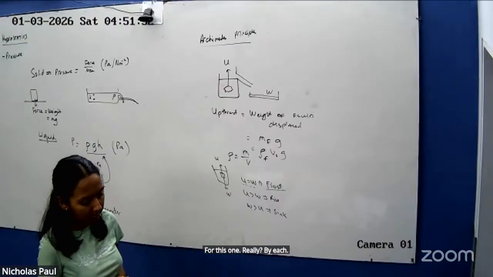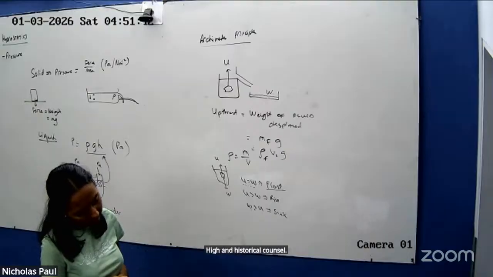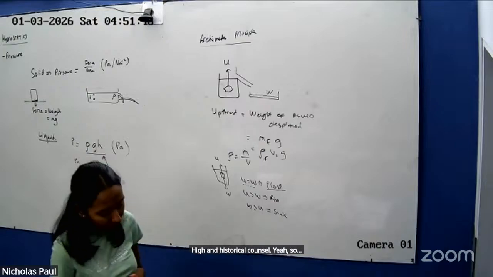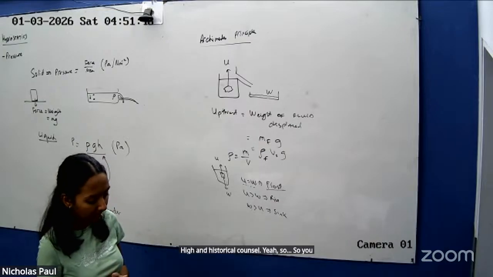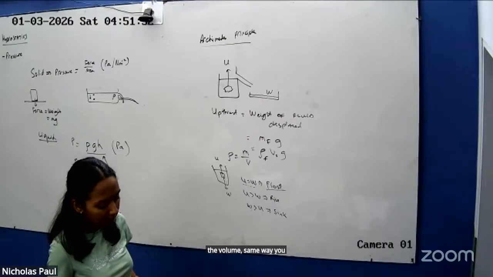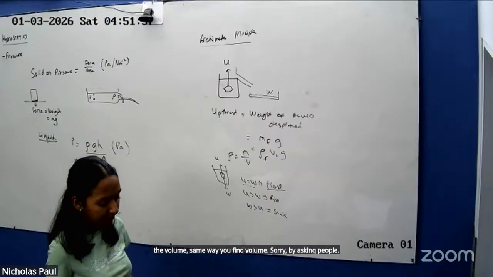So if you do the math, pi squared on 4 by h, 9 pi squared. Pi and pi squared will cancel. So you see, this here is what we're doing. So the volume, same way you find volume, pi by r squared by h.